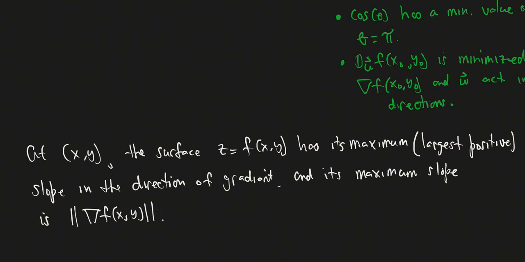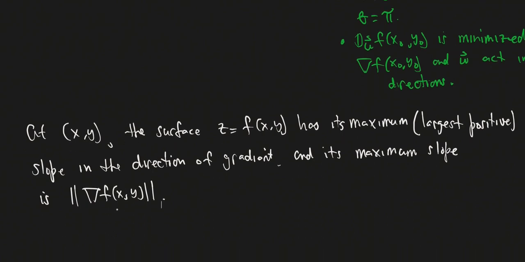It doesn't change the conclusion. This is now true as long as our gradient is well defined at any point. We can say that the gradient gives the direction in which the function will increase at the largest possible rate, and the rate at which it will increase is its magnitude.